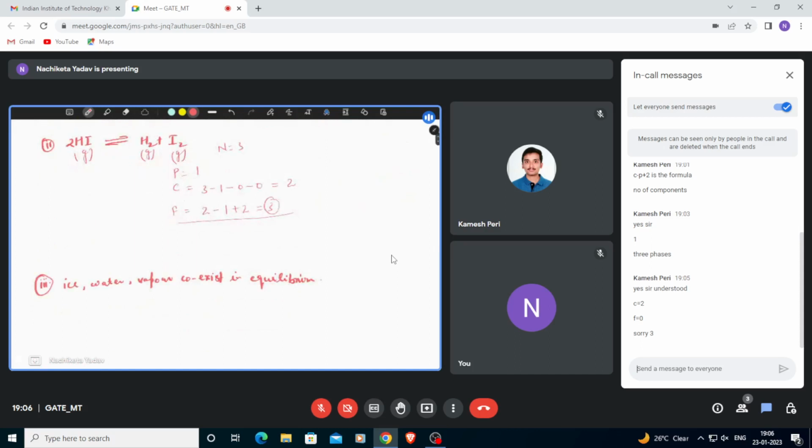Can you calculate the degree of freedom when ice, water, and water vapor coexist in equilibrium? In a similar way we can calculate, but the catch here is that the R value will be 0, as there is no reaction.